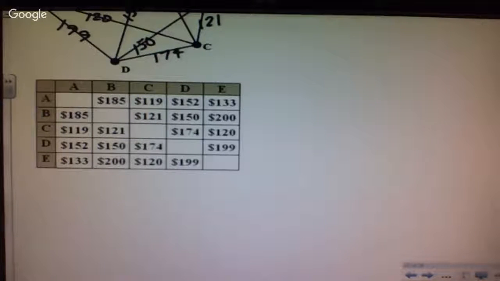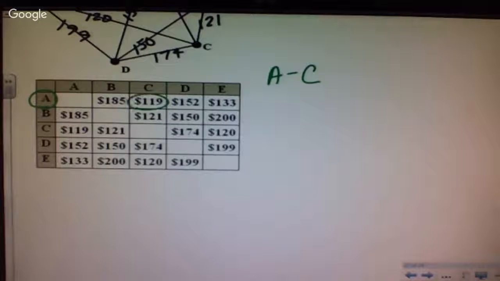All right, so we're going to start at A. I need to go to the cheapest place starting at A. If you look at row or column A, it doesn't matter which way you look at it, A to C is my first one.